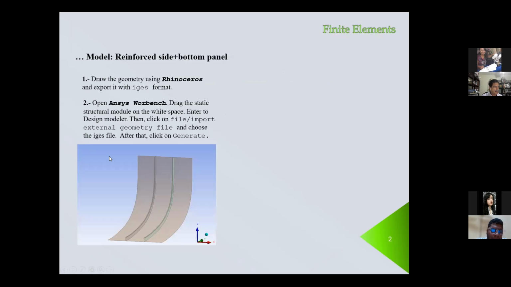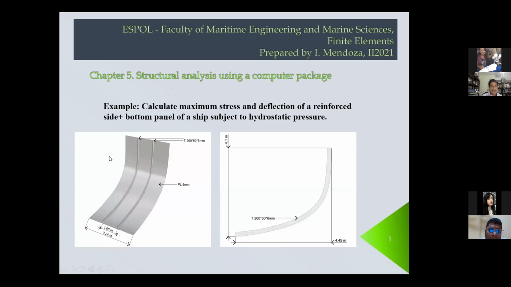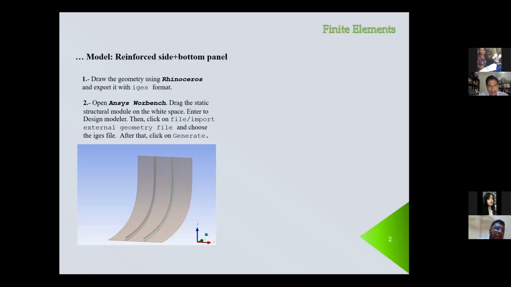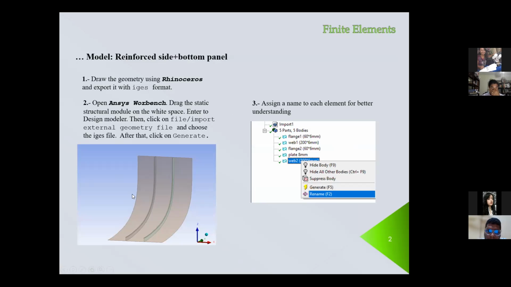So you see in the previous slide the geometry drawn using Rhinoceros, and then in this part it is in the ANSYS program. You can assign the thickness, but it's a good idea to define every surface with a specific name.